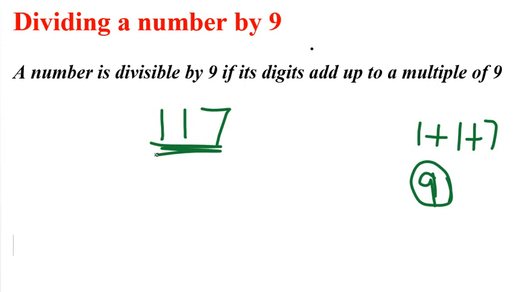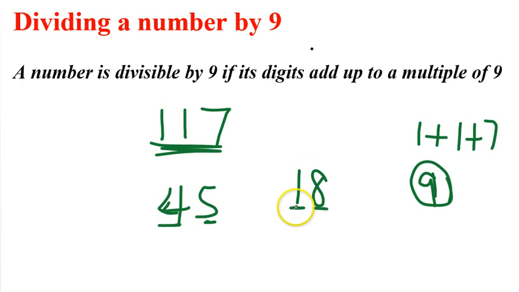Mostly, observe this. Any two-digit number that is divisible by 9 always adds up to 9. For example, I can divide 45 by 9 without a remainder. 4 plus 5 is 9. 81 is a multiple of 9. 8 plus 1 is 9.